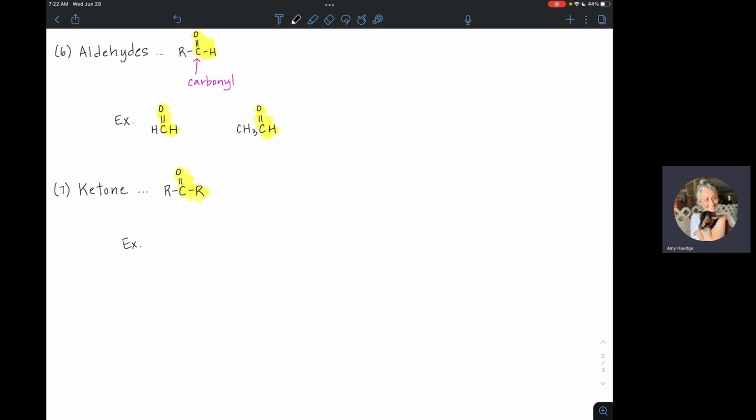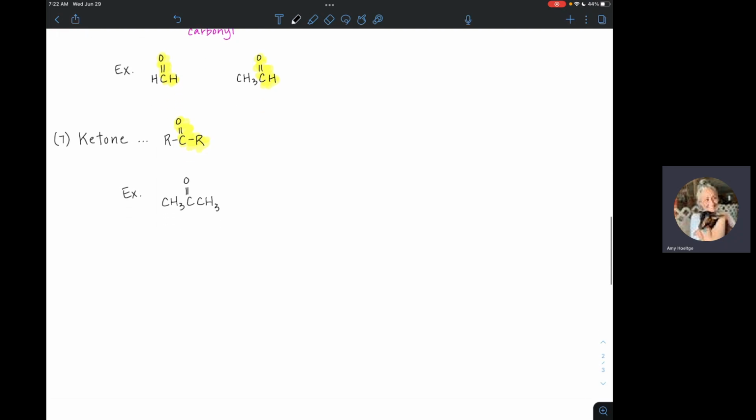So you could have a methyl group, the carbonyl, and another methyl group. That's acetone, or 2-propanone. So when we get into the nomenclature of these, I'll describe the difference. There's two different sort of ways that we can name compounds.